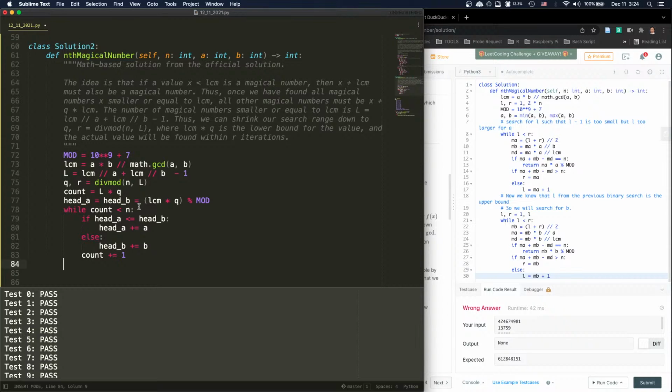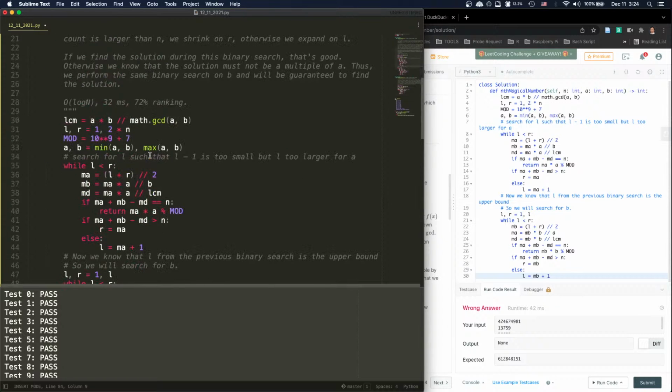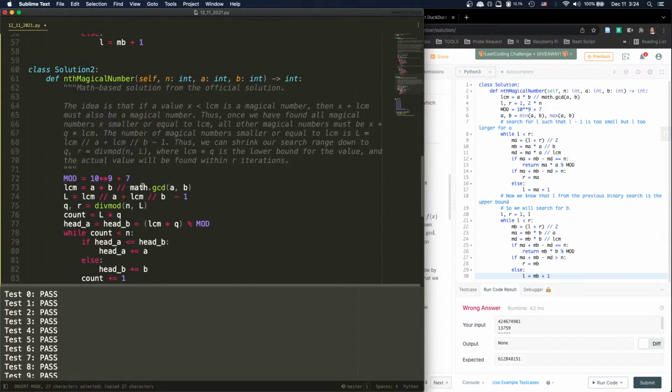We just return the smaller of the two. Every time I will increment. Well, what if I increment? Well, and this one I'm assuming A is smaller than B, so I do need to do this one too to make this easier to handle.